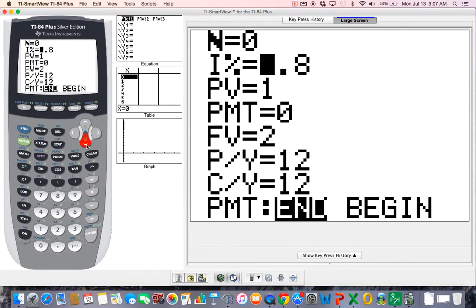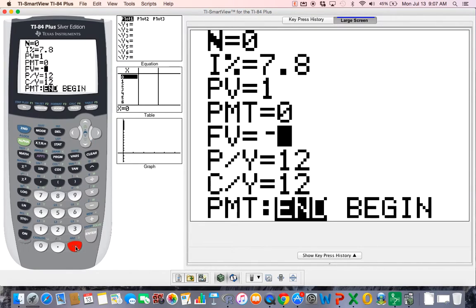For some wacky reason, if you're solving for something other than PV, PMT, or FV, you have to make one of those negative. Now, if you're paying off a loan, it makes total sense to make your payment negative. If you've got an account that you're taking money out of, it makes sense to make your payment negative, naturally. If you have an investment there and you're adding money to it each month, then it makes sense for your payment to be positive.